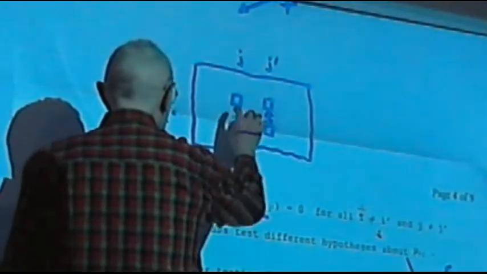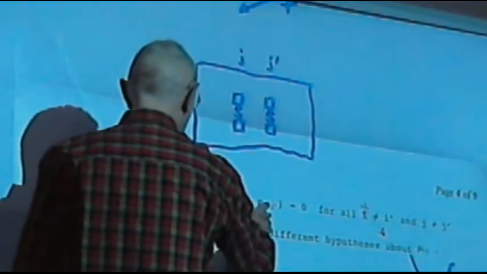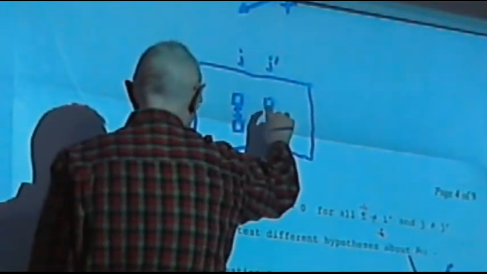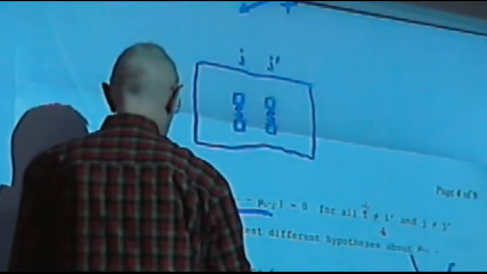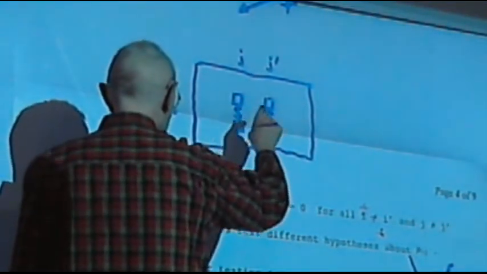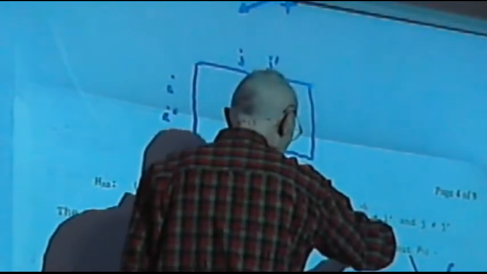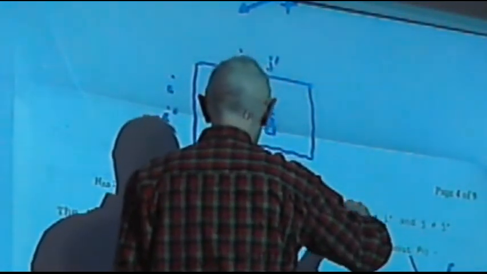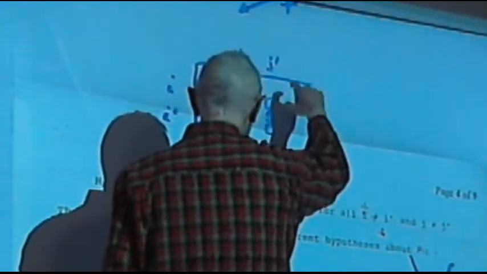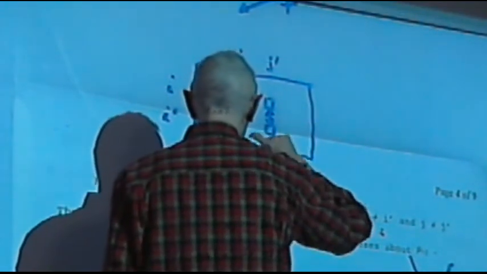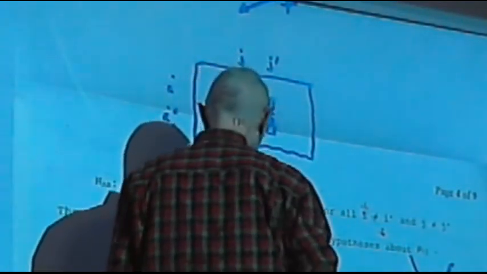This is this difference, and this is that difference, and the hypothesis says that those two differences are the same for all combinations of I and I prime and J and J prime. So all the way across the table of means, we have these equalities.